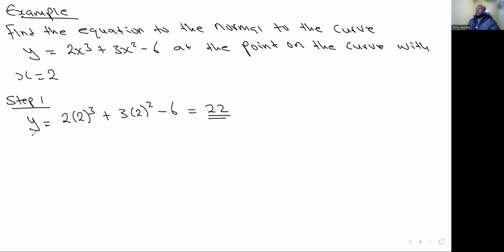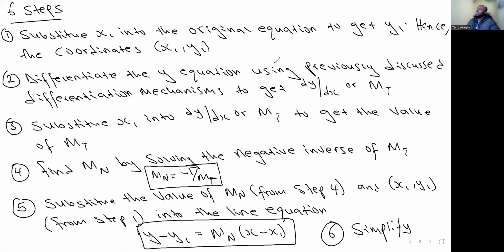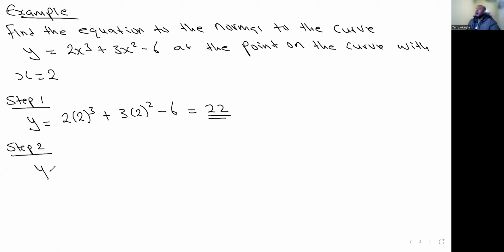So let's go to step 2 now. We are meant to differentiate the y equation using previously discussed methods. We have y is equal to 2x cubed plus 3x squared minus 6.